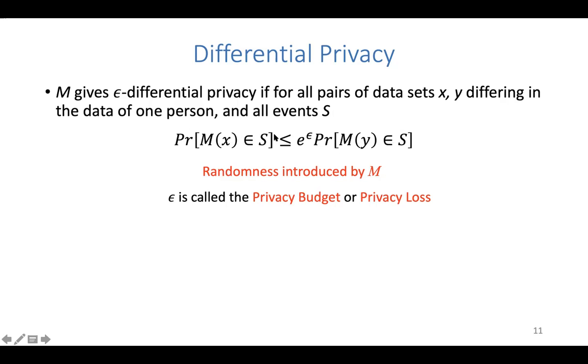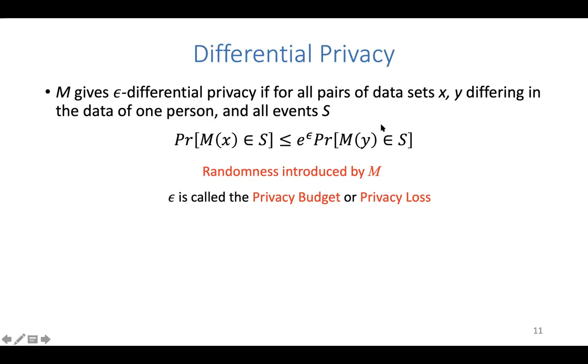There's a probability involved because M is a random algorithm. It's a mechanism or some kind of analysis machine that involves some randomness in the process. That is why there's probability involved.